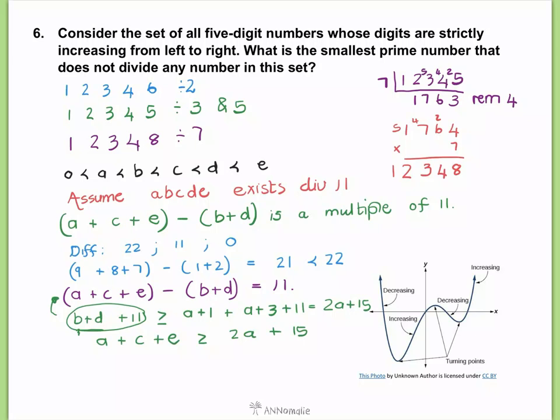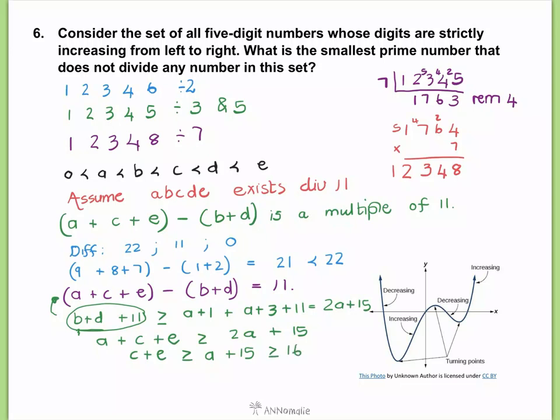If I simplify that, subtracting A from both sides, I find that C plus E must be greater or equal to A plus 15. And we know that A plus 15 must be greater or equal to 16.